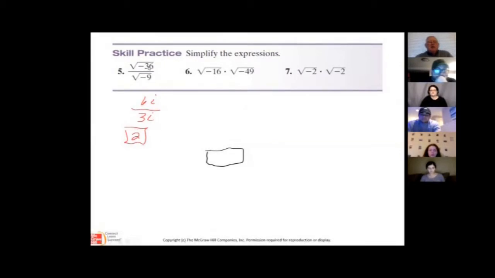In this example, we can extract a 6i in the numerator, a 3i in the denominator, do simple reducing of the fraction, and we get 2 for the answer.